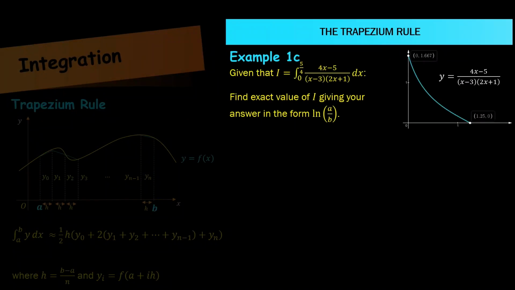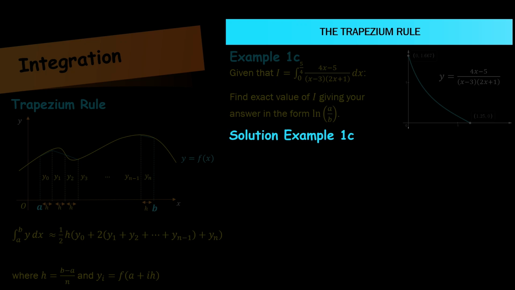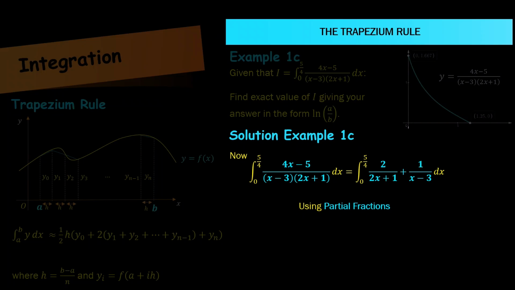Now let's take a look at part C. We are required to find the exact value of I, giving our answer in the form ln of a over b. So let's solve this. We're going to use partial fractions to express our integral as shown.